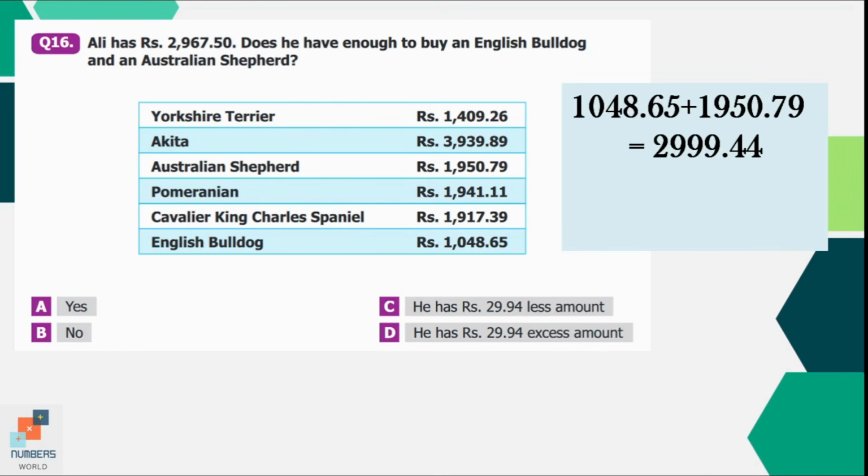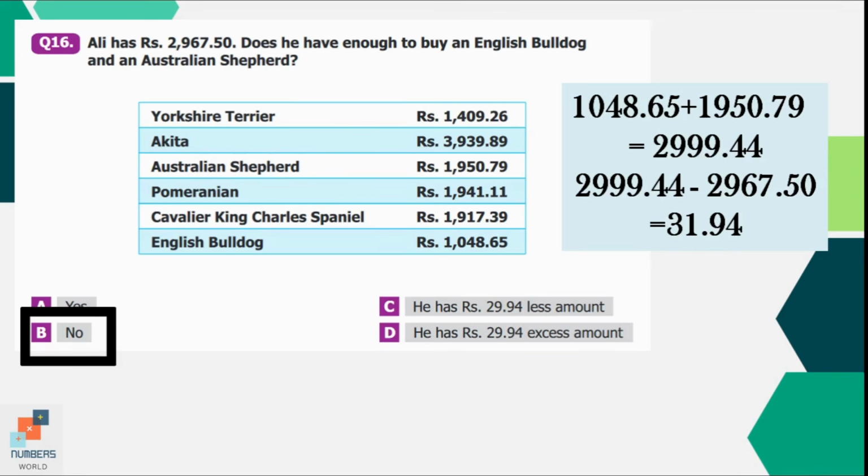So the total is equal to 2,999.44 rupees. But Ali has 2,967.50 rupees. We will subtract the numbers to find out the amount which he needs more to buy the English Bulldog and Australian Shepherd. So that is equal to 31.94 rupees. So here option B is the correct option. No, he cannot buy English Bulldog and Australian Shepherd.